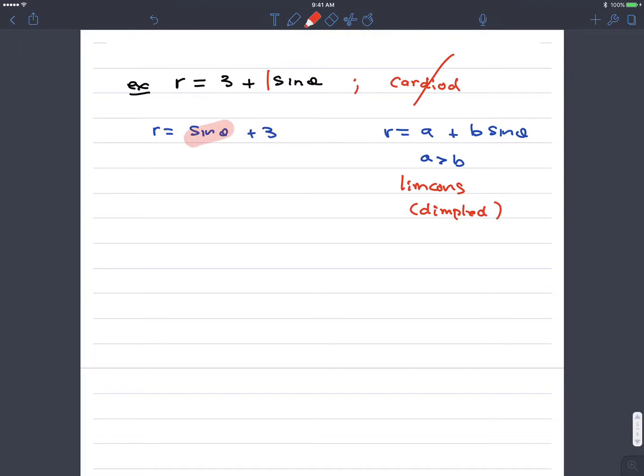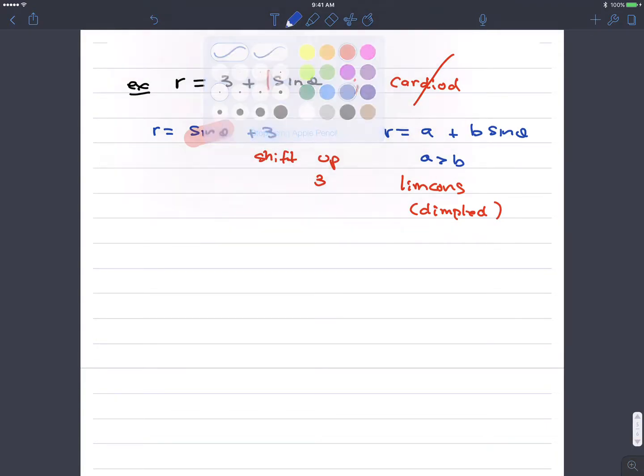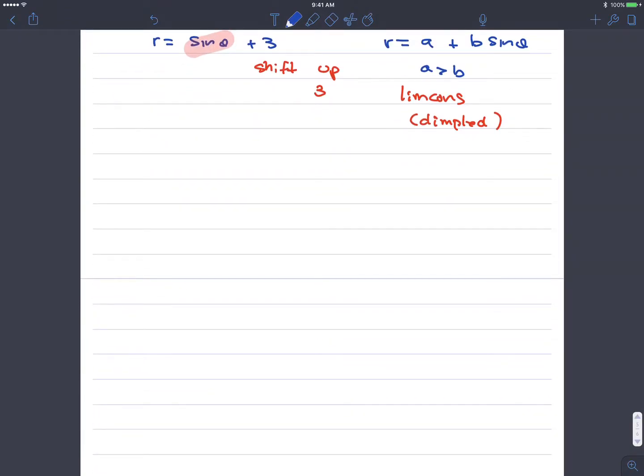So we need the graph of sine, and once we get that, it is going to be shifted up 3 units. So let's try this again. Your regular sine curve has these special points: 0, 2 pi, half of 2 pi is pi, half of pi is pi over 2, and we get 3 pi over 2.